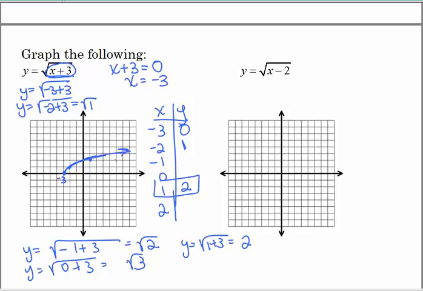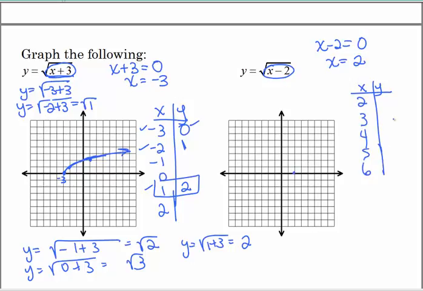So here you might want to choose some numbers where you can get the square root of 0 and the square root of 1 and the square root of 4. So again, what's the smallest that can be is 0. So if I solve for x, the smallest value of x could be 2, and then I want to go bigger. So I'm going to have y equals the square root of 2 minus 2, which is 0. y equals the square root of 3 minus 2, which is the square root of 1, which is 1.